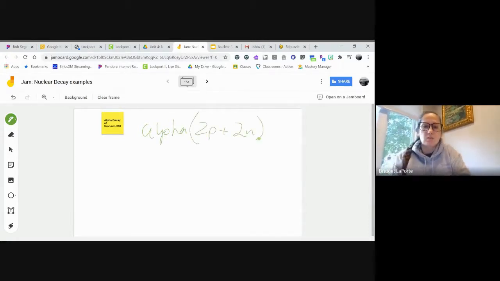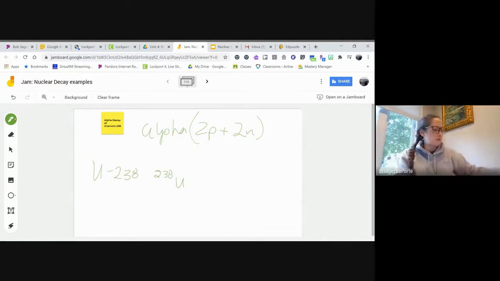All right, that's what gets released. And we are starting out here with U-238. Okay, so that is our isotope. So we have 238 on the top.